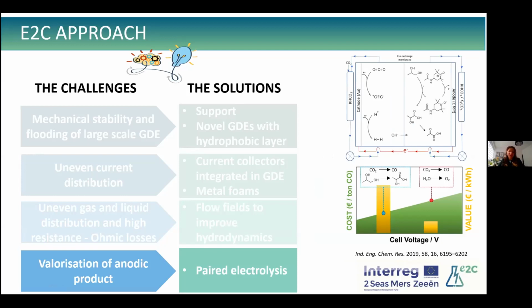For that, it's important to consider not only the compatibility of this anodic reaction with the conversion of CO2, because of course it needs to be compatible from a technical point of view, but also we have to take into account that the market size for both molecules should match. So we don't have an excess of one of the products over the other.